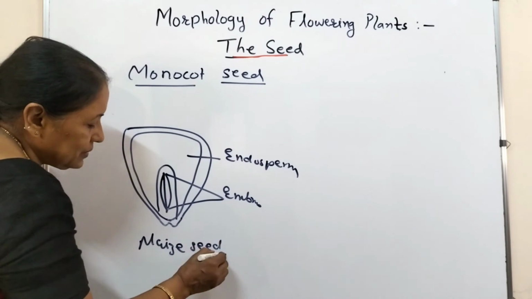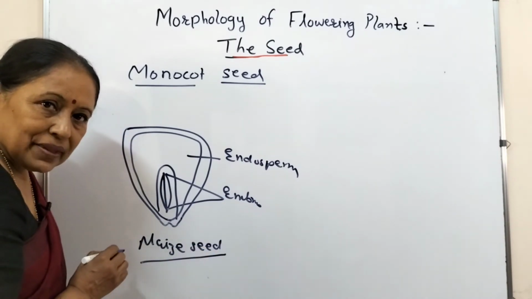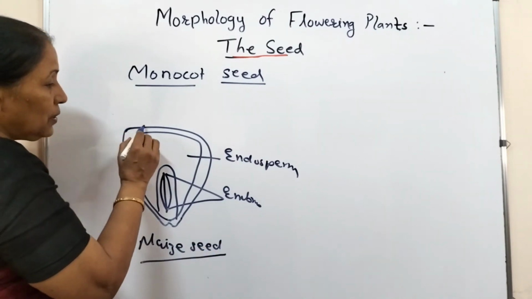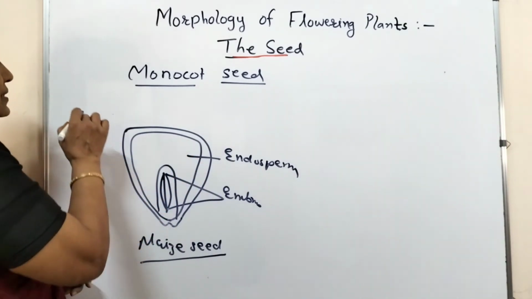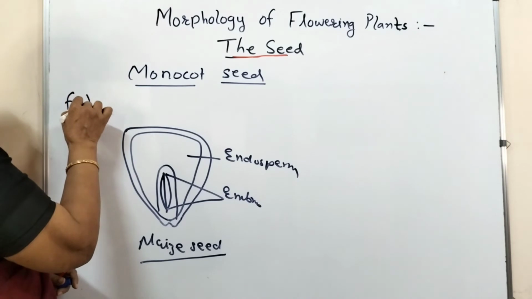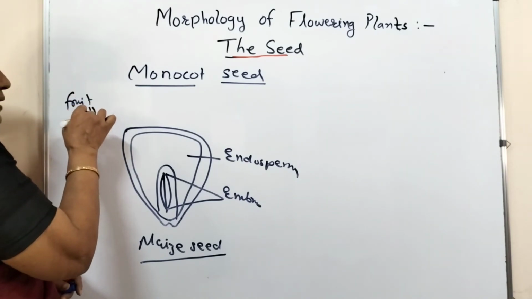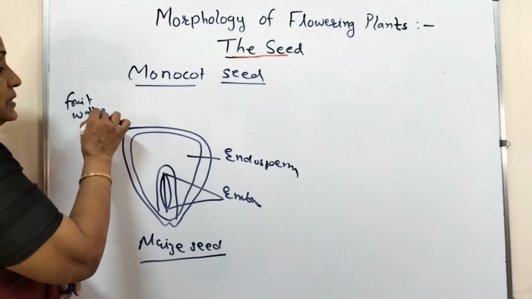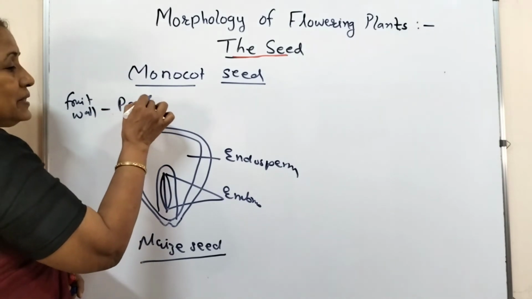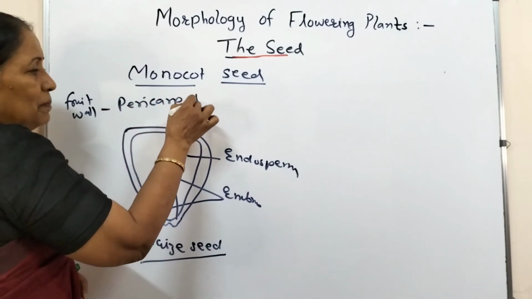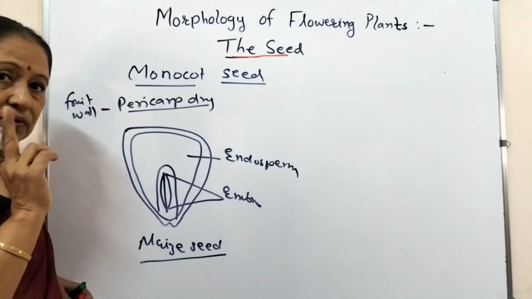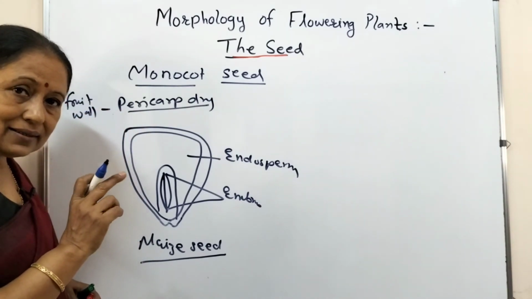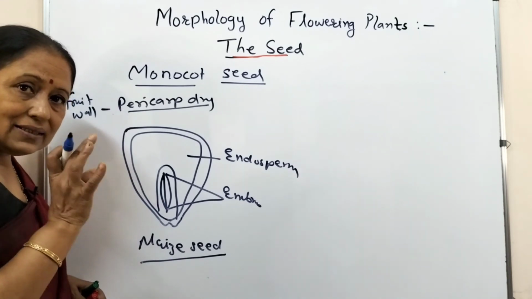But actually it is not a seed, children. This is a fruit. This wall of seed is fused with the wall of fruit. The fruit wall, the pericarp, is dry, and that dry pericarp is fused with the testa, that is the integument of the seed.